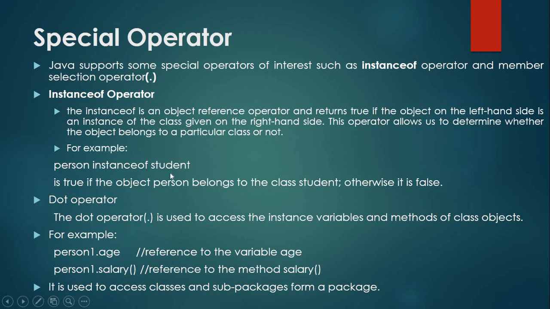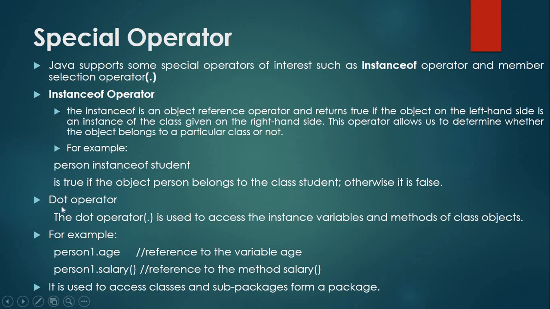Means if the person object is available in class Student, then this will be true, otherwise it will be false. So our syntax will be object instanceof class. If the object belongs to this class, then this will be true. If it does not belong to this class, then this will be false. So here our operator is instanceof.